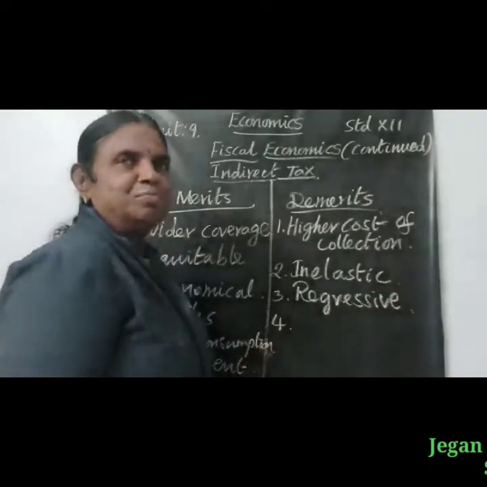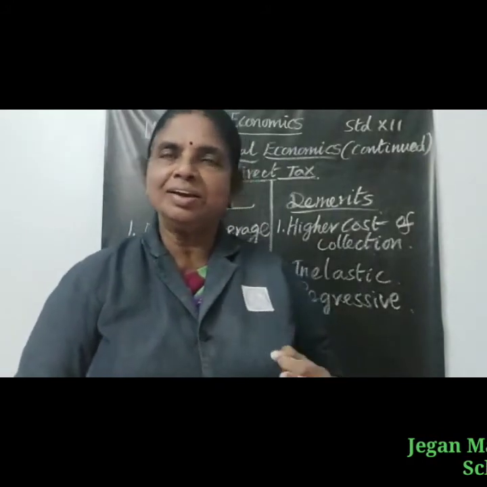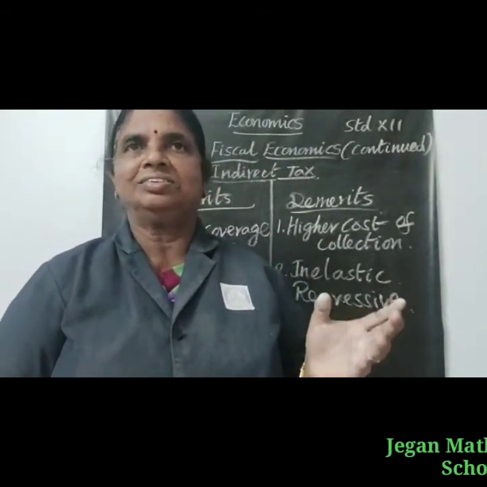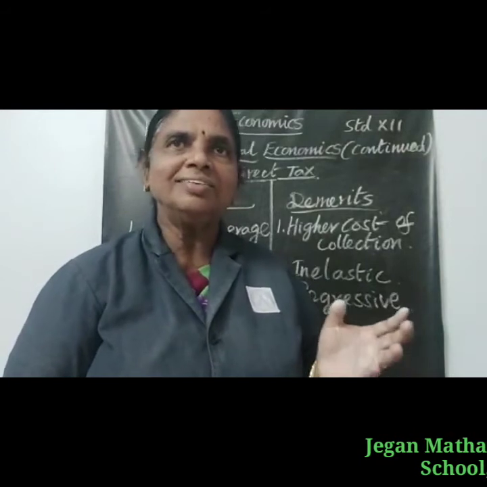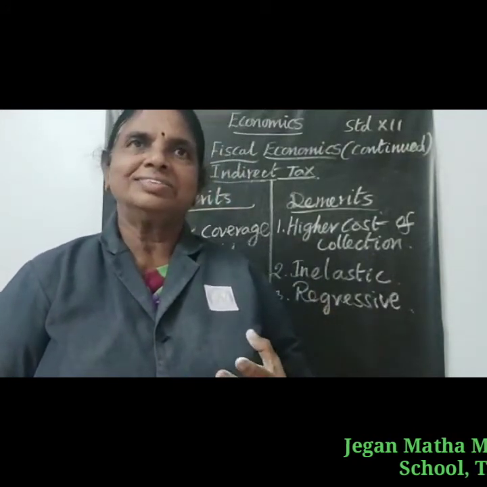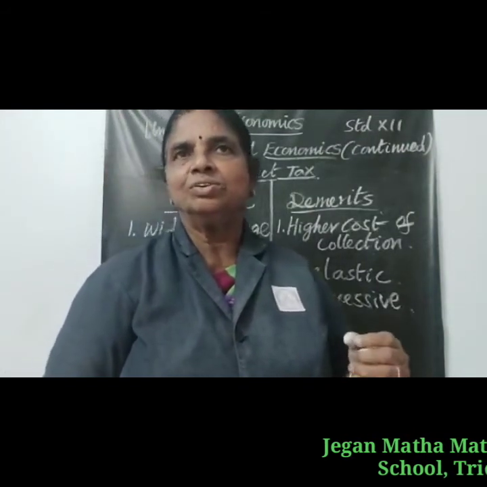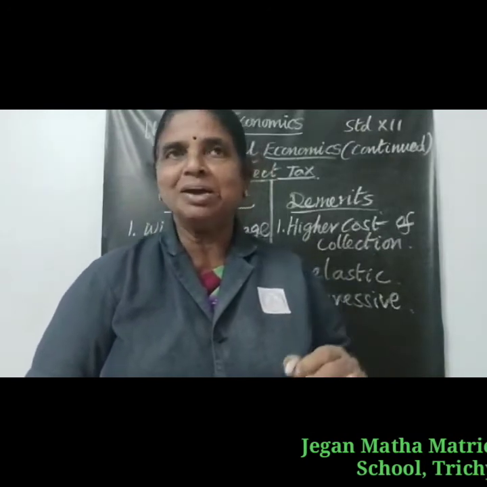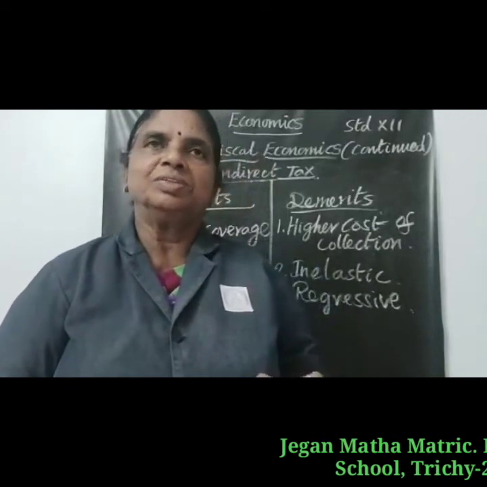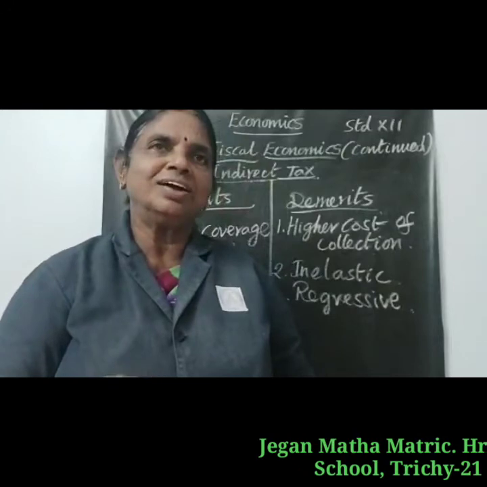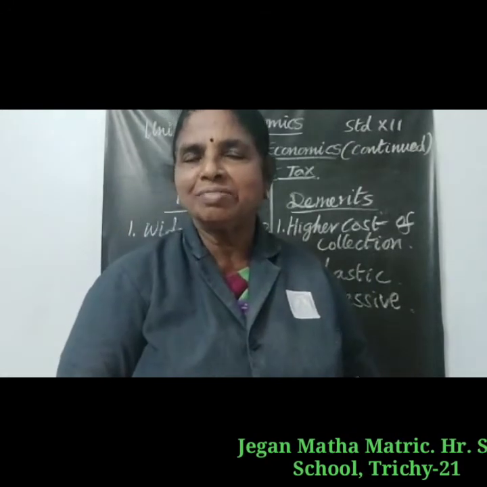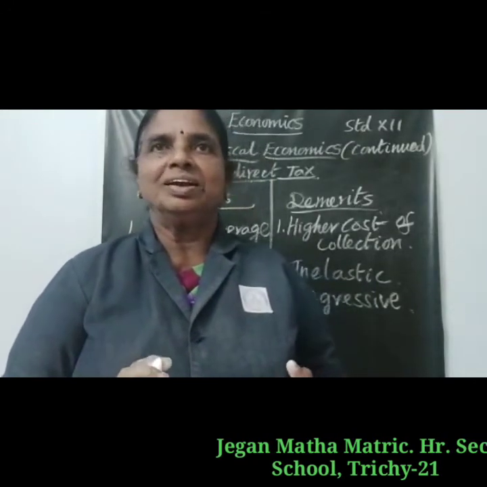And the fourth important demerit of indirect tax is uncertainty. The rise in indirect taxes increases the price and reduces the demand for goods. Therefore, the government is uncertain about the expected revenue collection.